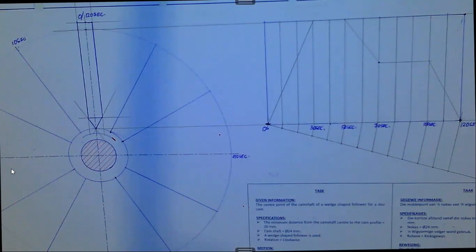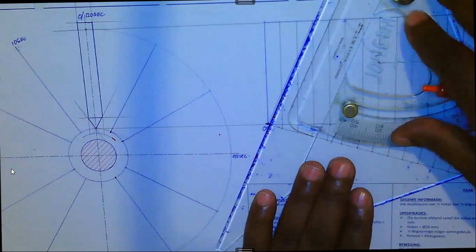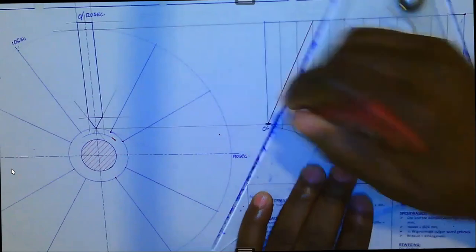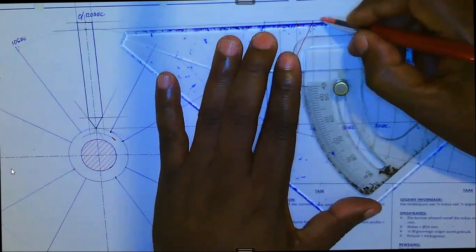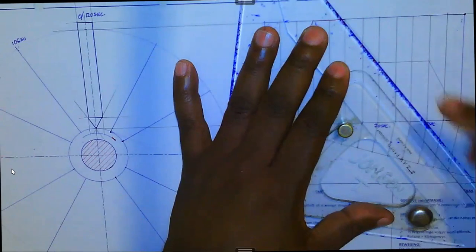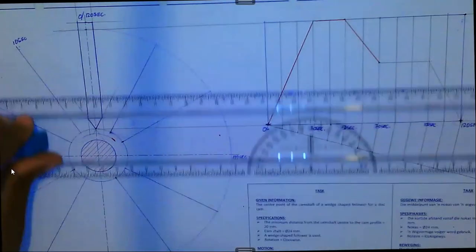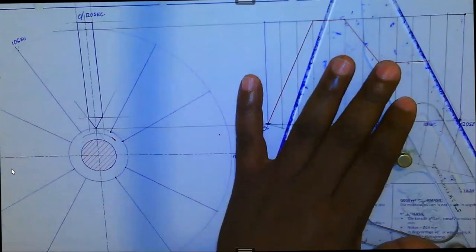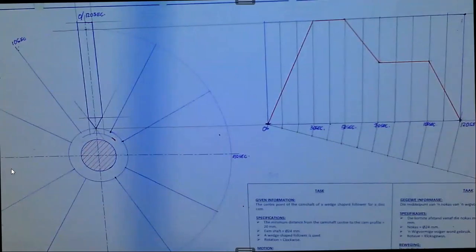Then we outline. Let's outline using a red pen. That is the rise, then it dwells, then it begins to fall now, then it dwells, and it comes back to the minimum or the original position.